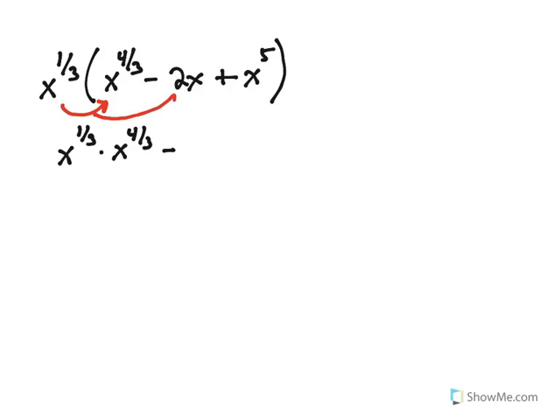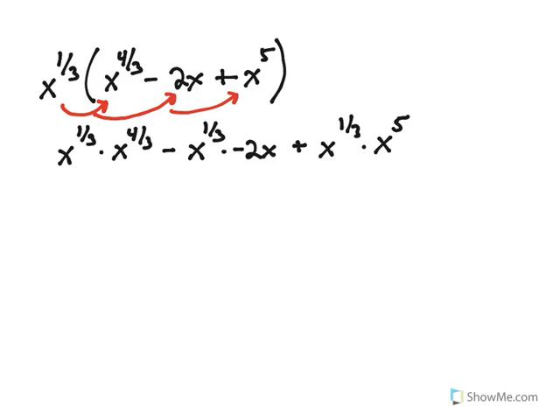And then we're going to distribute here. So then you have x to the 1/3 times a negative 2x. Then we're going to multiply this. So that's plus x to the 1/3 times x to the 5th.